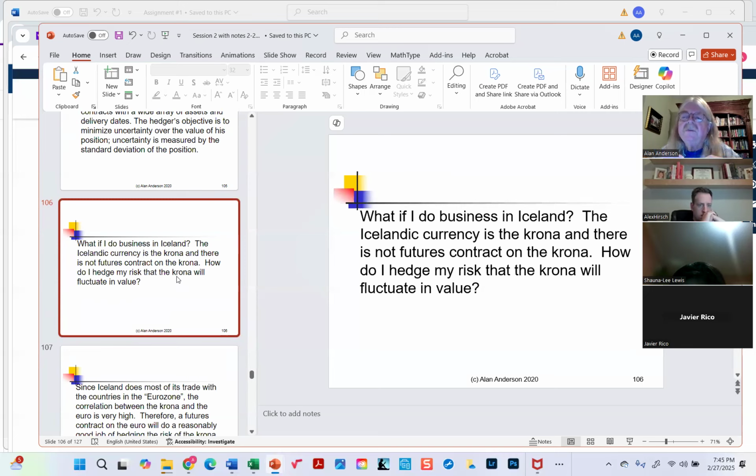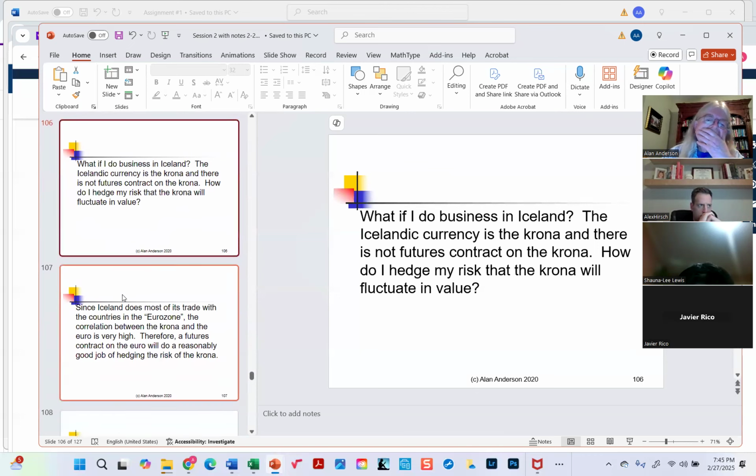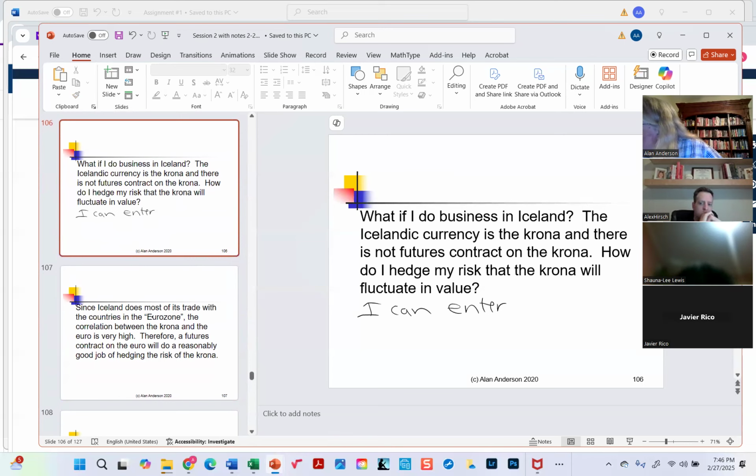So what I can do is, number one, go to the forward market and get a contract on the krona. Or now this is where it gets interesting. What if instead I can enter into a futures contract on the euro?